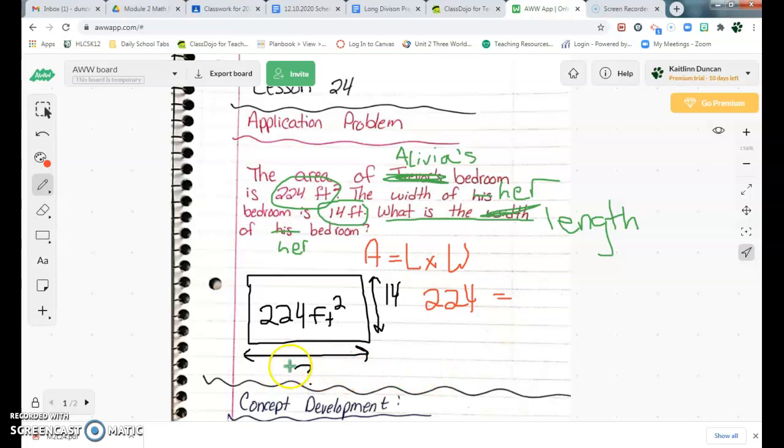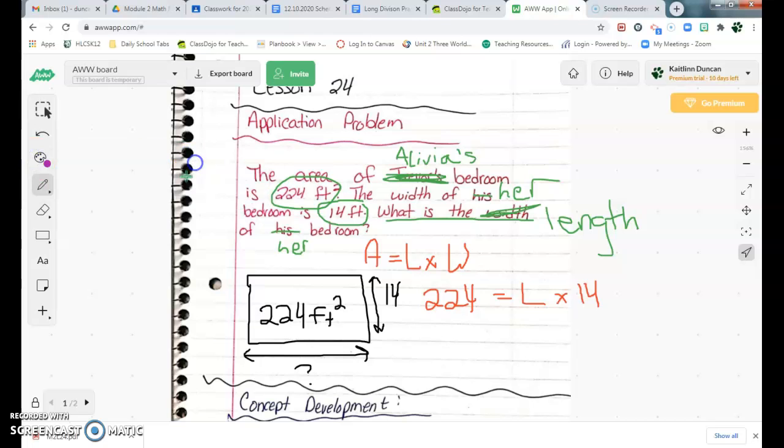I do not have my length, so I'm just going to put an L there, but I do have my width, which is 14, so times 14. So I need to figure out what times 14 is going to give me 224. Well, we know that the opposite of multiplication is division. So to find out what that missing length is, I need to divide 224 by 14.